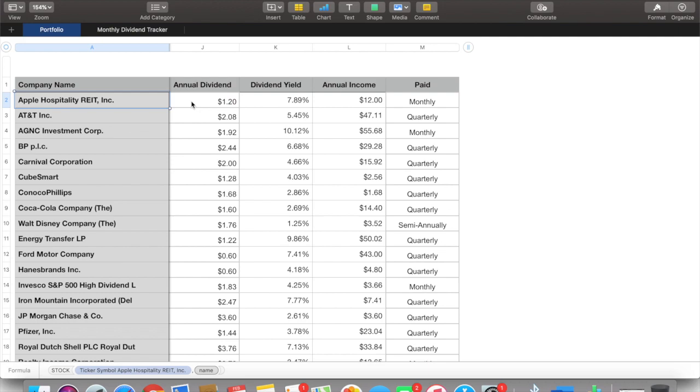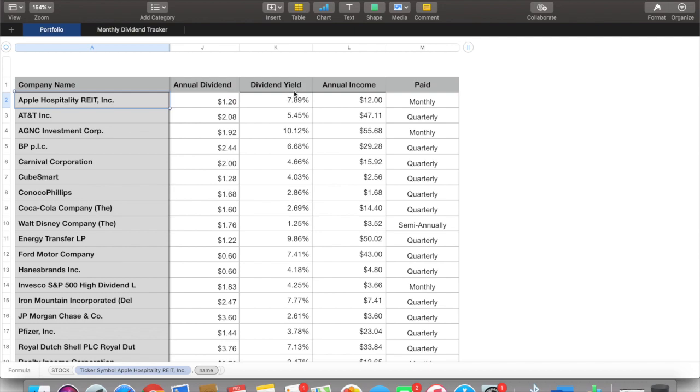So annual means every year they pay this full amount of dividends. Now, this is the yield percent. So you would divide, I think, this number by the share price, and then you would get the dividend yield. So 7% is pretty high for a dividend yield. More common ones are like a 4%, maybe a 3%, sometimes a 5%. Those are the most common.